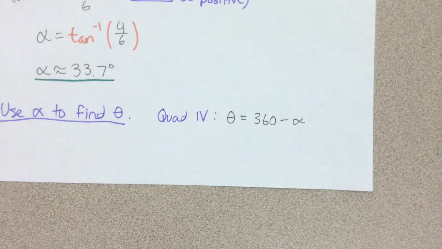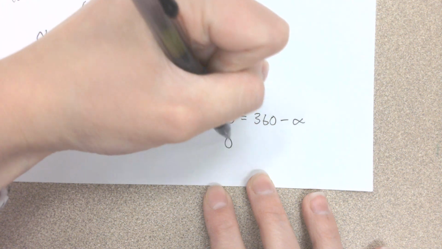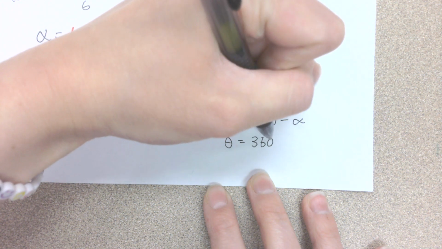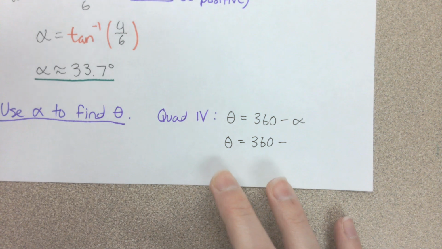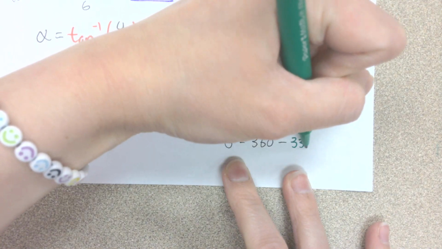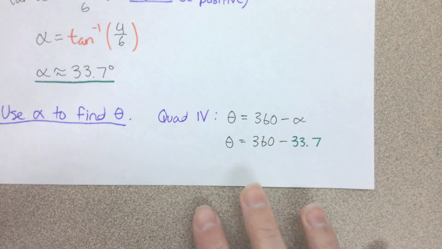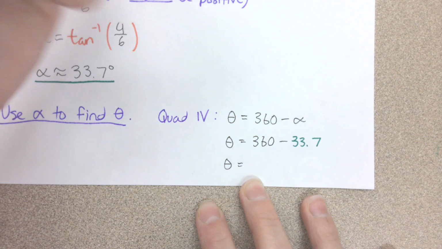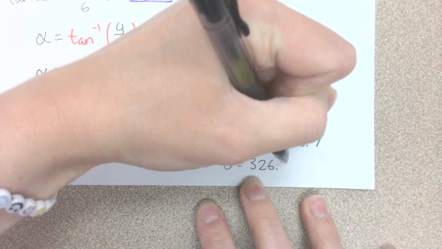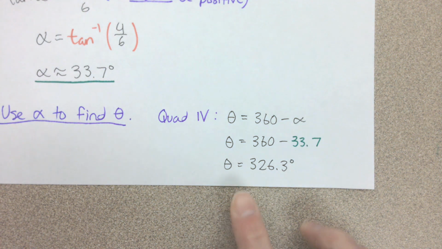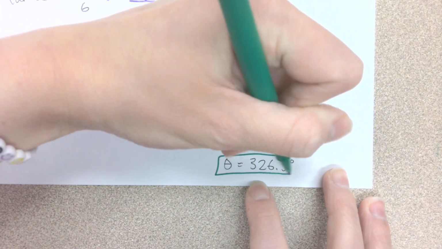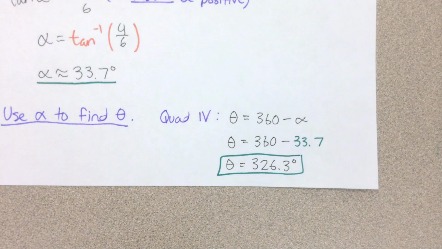That's what I just explained above too. So that's 360 minus 33.7. Theta is 326.3 degrees. So that is the argument of 6 minus 4i. Questions on example 1?